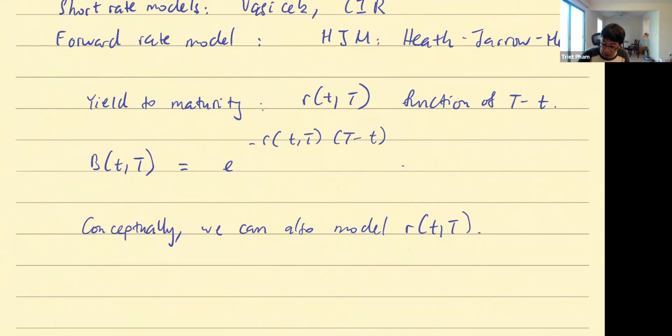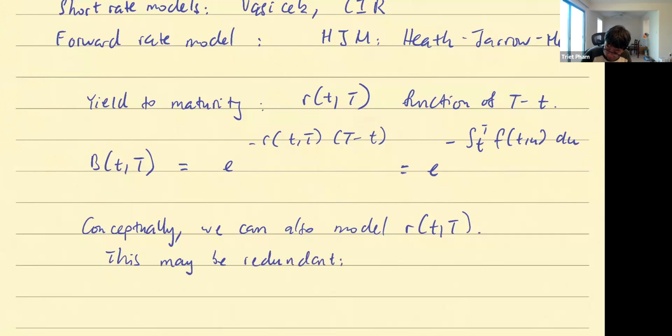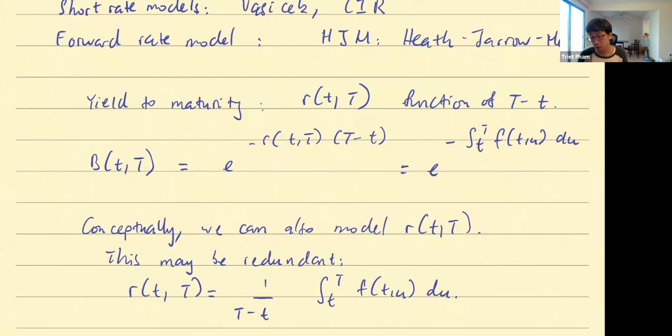First, you quickly realize that the bond price, by definition of the forward rate, is this. If you know the forward rate, or if you have a way to model the forward rate, then the yield to maturity is just the average value of the forward rate.